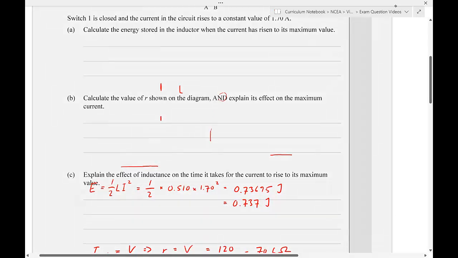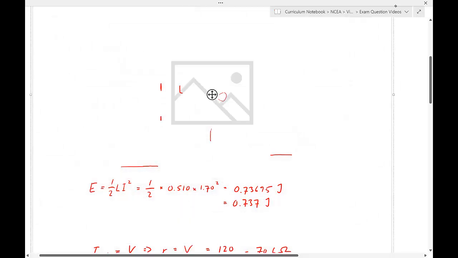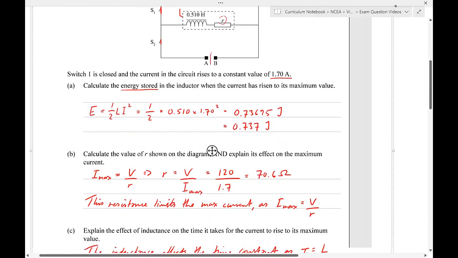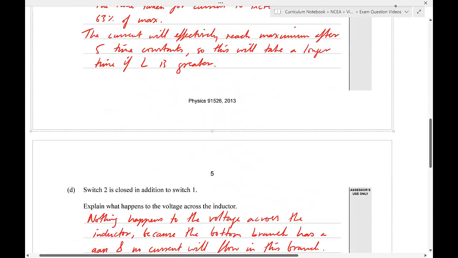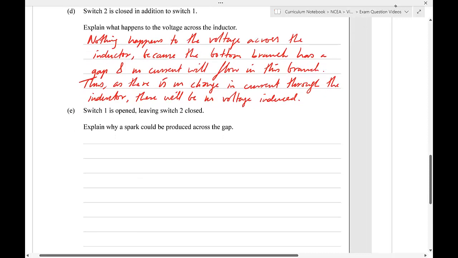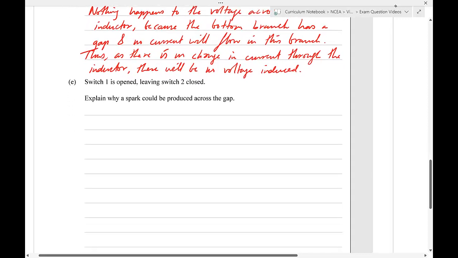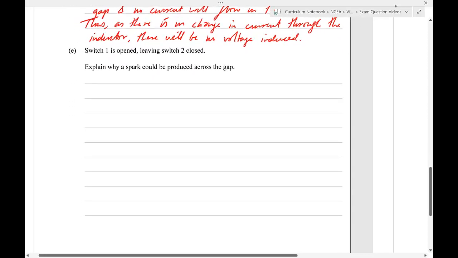Okay, let's have a look and see. All right, so the key things that we want to say here is when switch 1 is opened, an open switch is like a very, very large resistance.